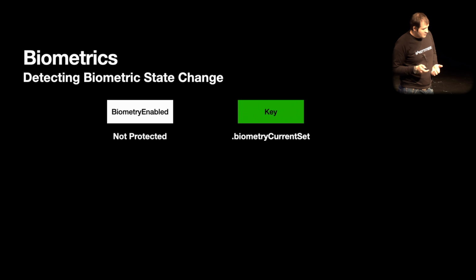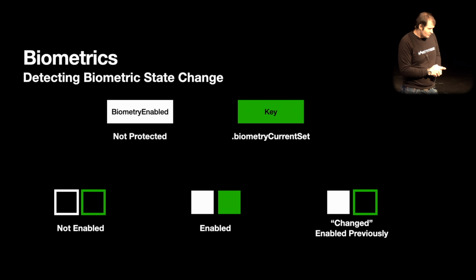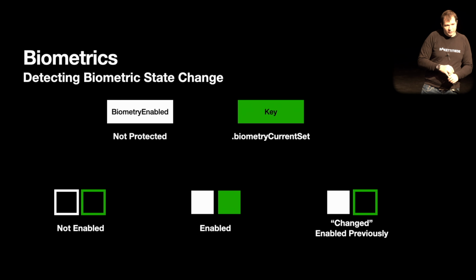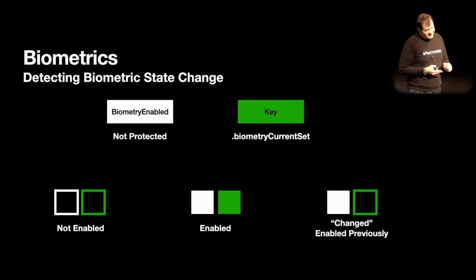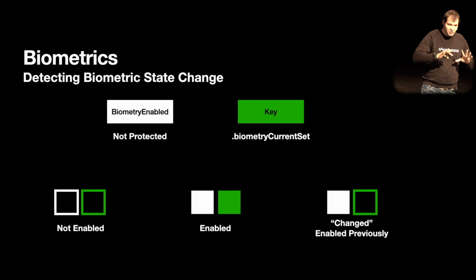And then you can get 3 values. 1 is the biometry not enabled when both keys are absent. 2, when the biometry is enabled and available, so the user can actually use a face scan or a fingerprint to get to the protected data. And the third one, which we are interested in, is the biometric signature changed.